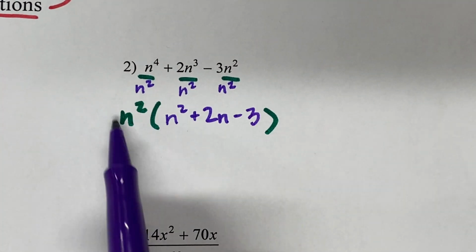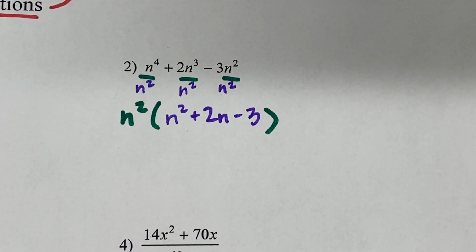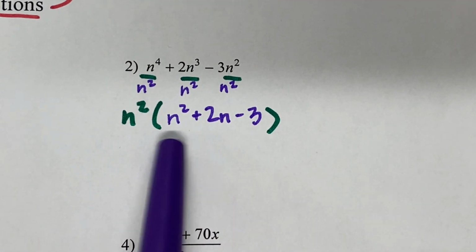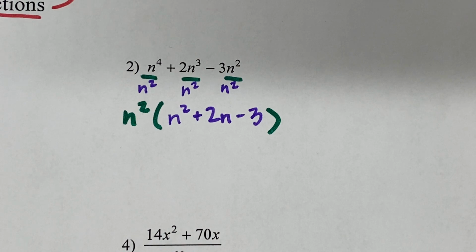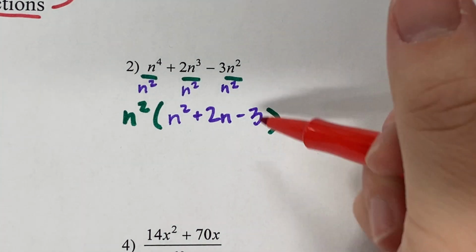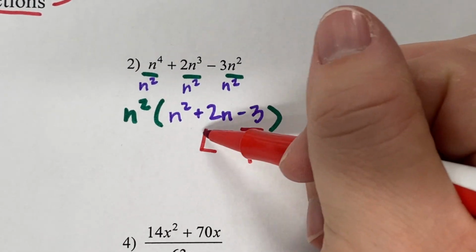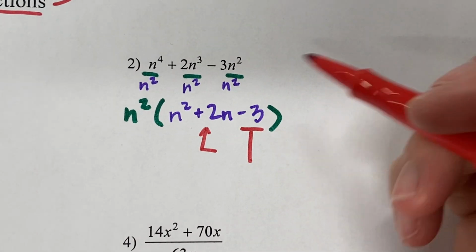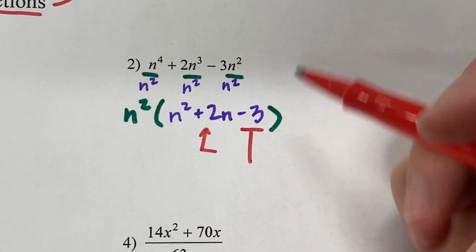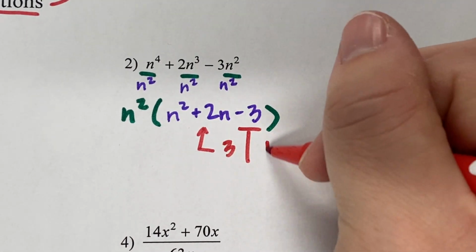So we were able to factor out the n squared, but we're still not done factoring completely, because now we can play the number game with these guys, meaning I need two numbers that multiply to -3 but add to +2. There's only a couple options to get -3. That's going to be 3 and 1.